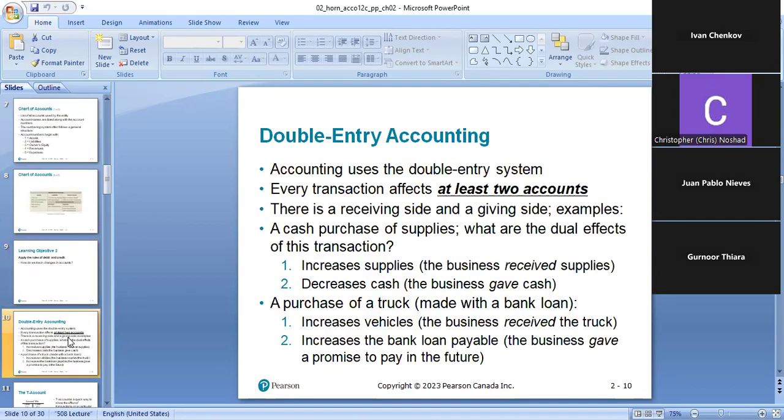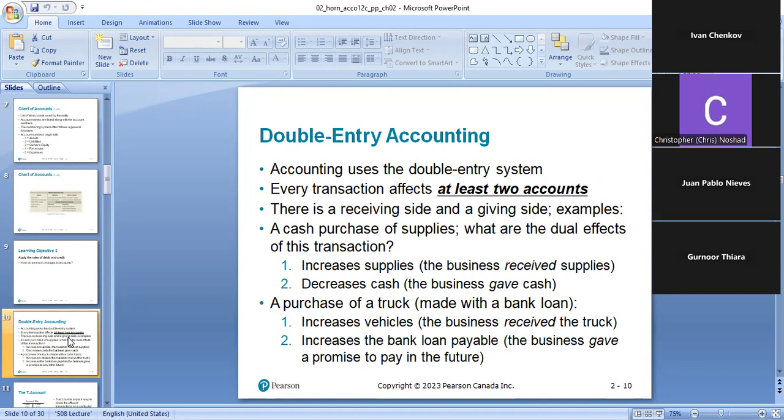Now let's go with this idea with the debit and credit, or double journal entry. So now in accounting, let's go back to our closet. In our closet, we're going to keep it a closed system.